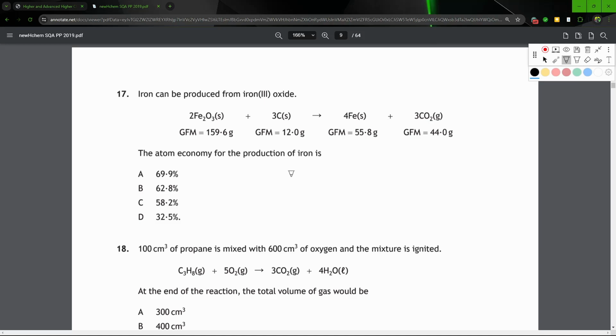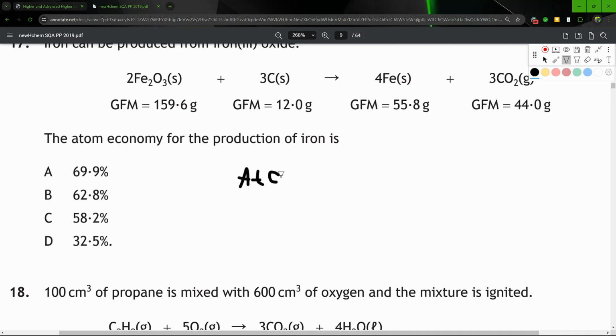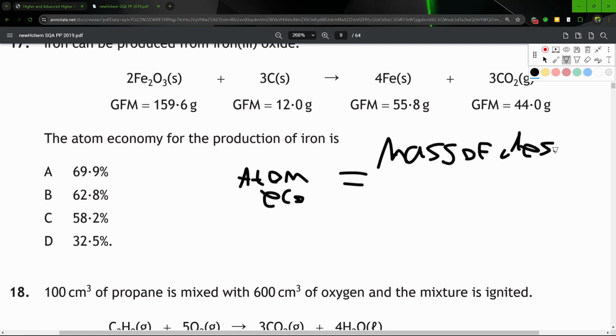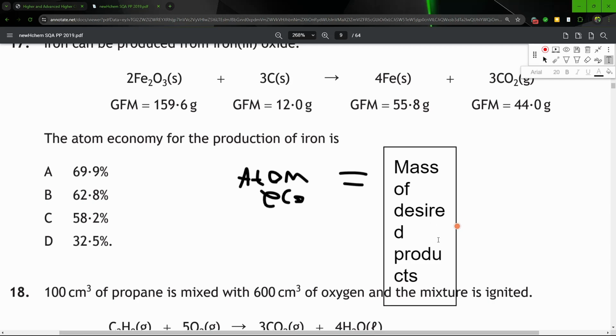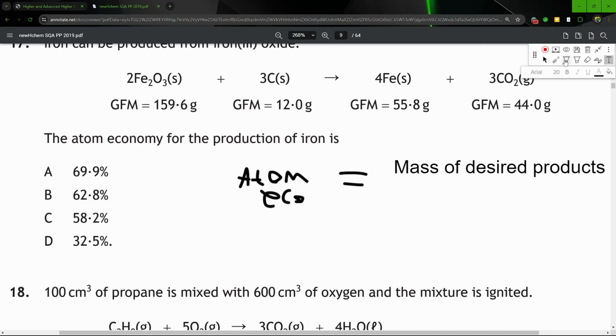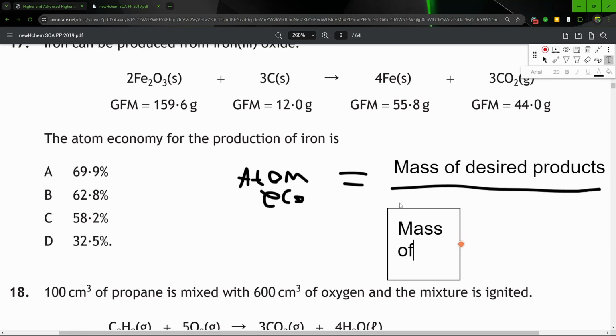So remember, atom economy is calculated as the mass of the desired products over the mass of reactants.